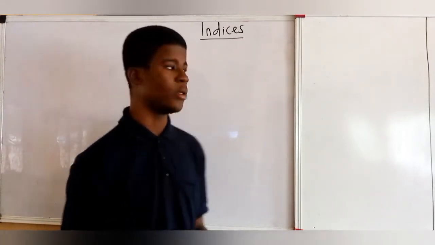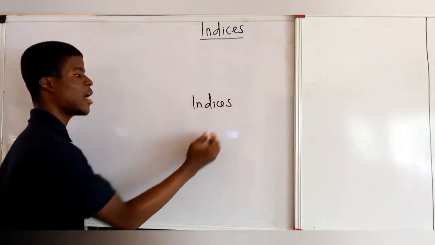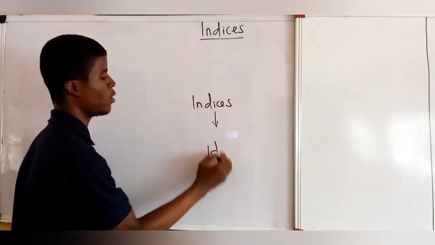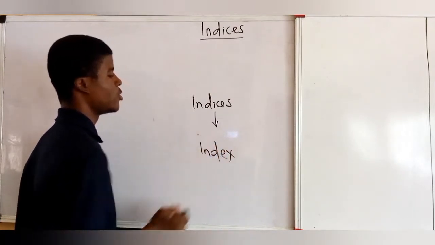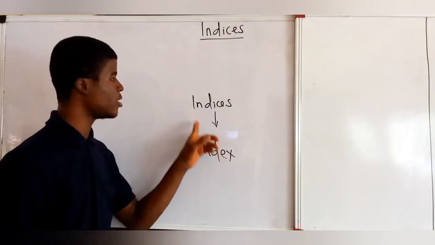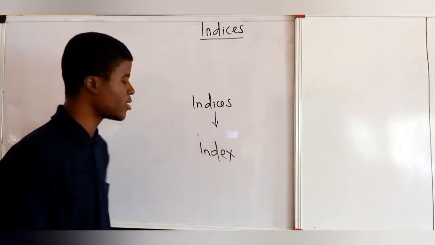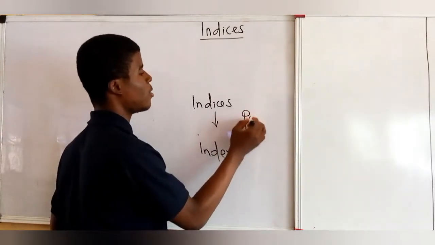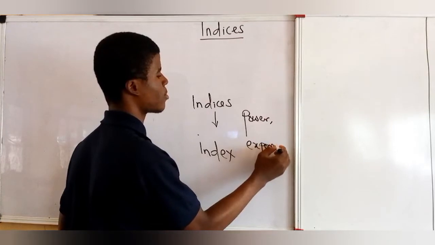What does indices mean? It is actually the plural word of index. So the plural of the word index is indices. The question again, what is index? Index simply means I can say power or exponent.